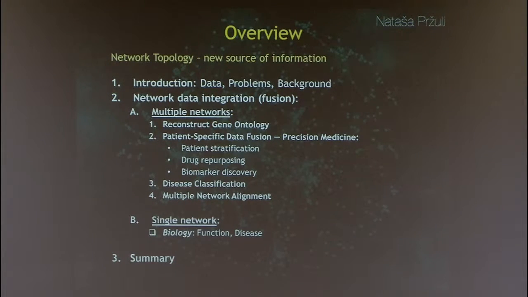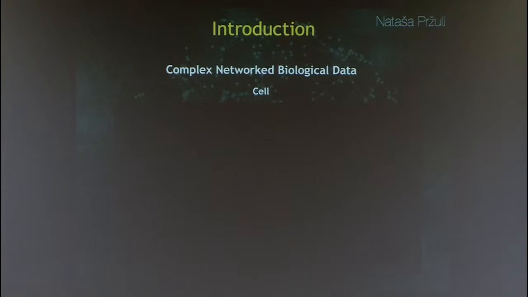And in the past, we focused mostly on single network analysis, and I'll briefly say how that contributes to these tasks. All right, so let's start with a brief introduction.